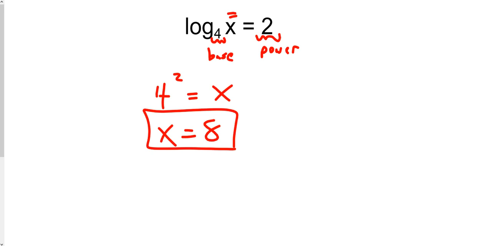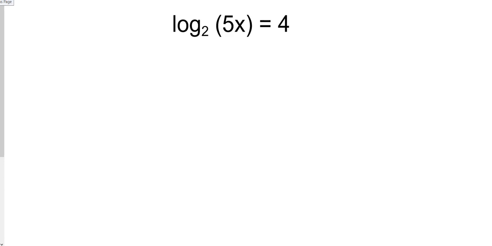Nothing crazy. Next example. Again, kind of like the last guy, I don't have logs equal to each other, and I don't have any condensing that I need to do. In fact, it was already done. That 5x represents addition that was there, so they've already condensed it down for us. There's nothing else that I can try other than turning it into exponentials. So the exponential part is 2 to the 4th equal to, the equal part is the 5x.